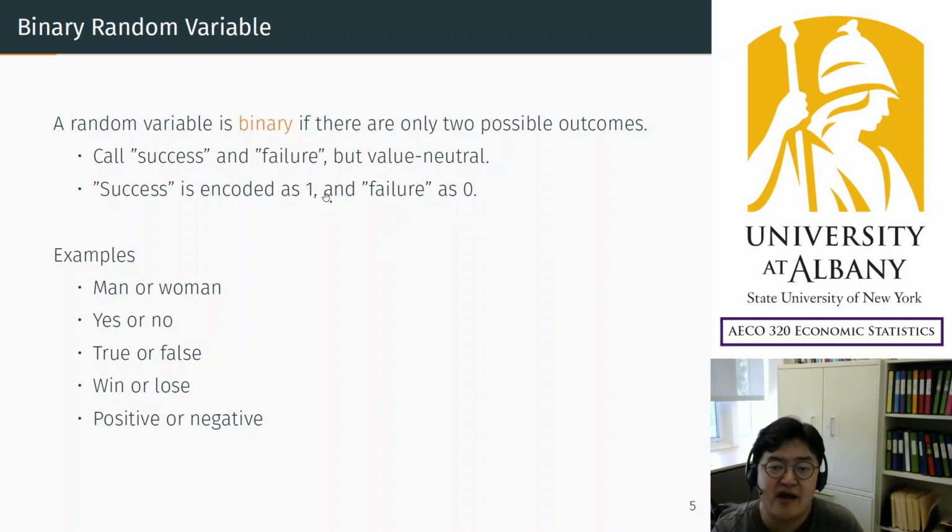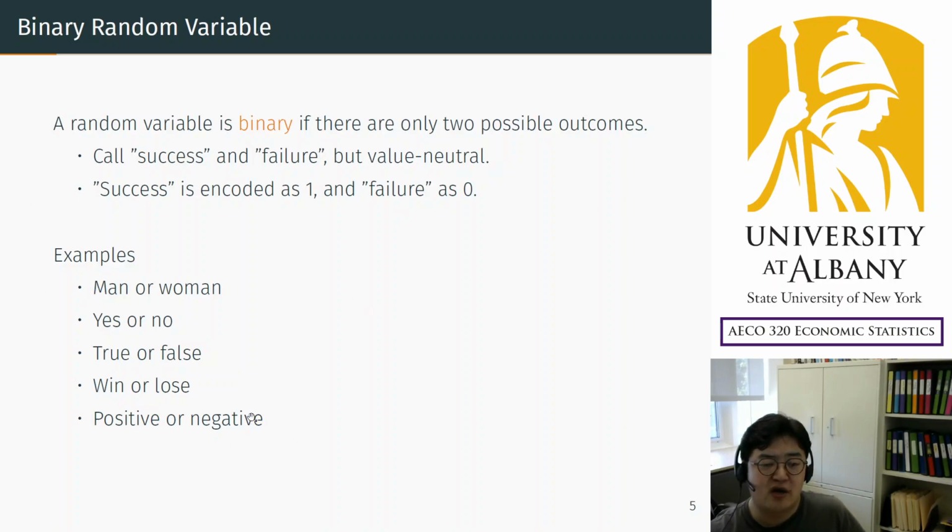But I will stick to this 1 and 0 labeling, encoding, because by using 0 and 1, there are a lot of nice mathematical properties. 0 and 1 are the two most important numbers in mathematics, so by using them, we obtain many nice properties. So I'm going to use them.